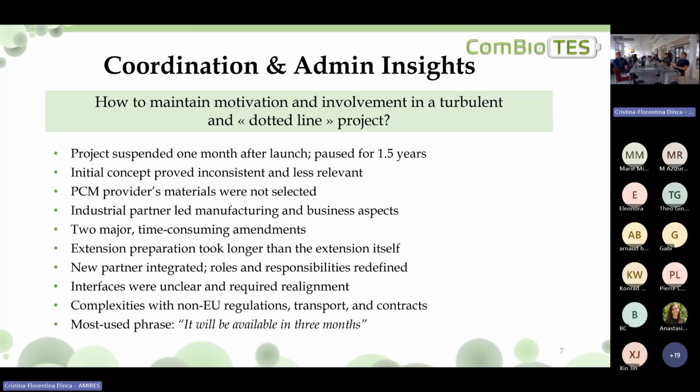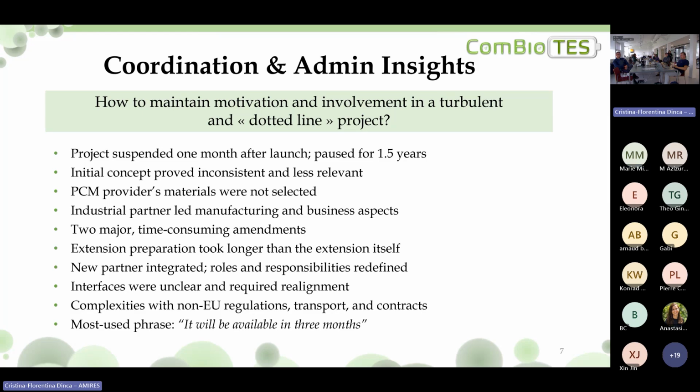Finally, regarding what had been proposed, the initial concepts were, I will not like to use this term, but inconsistent. The project was physically challenging for a lot of elements and not so relevant.